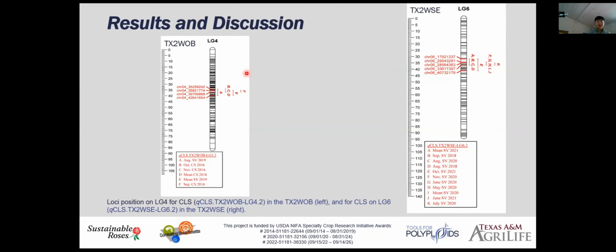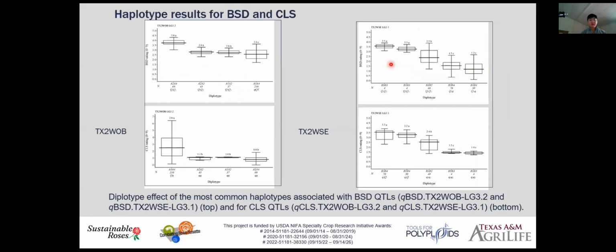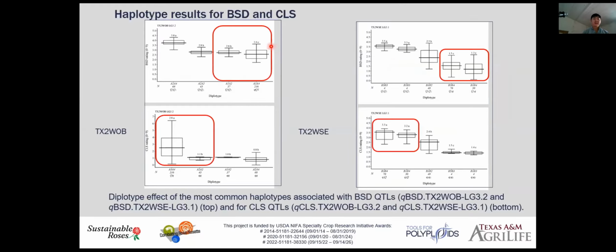Looking at the other linkage groups, on linkage group 4, a bunch of Cercospora QTL, linkage group 6, a bunch of Cercospora QTL. And when Zena did the haplotyping, what we see for the QTL on linkage group 3 is that these haplotypes were the same as these haplotypes.